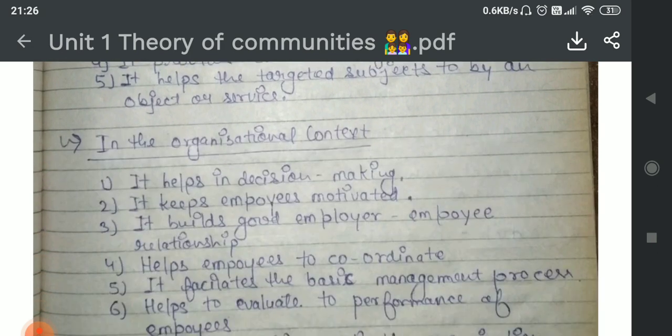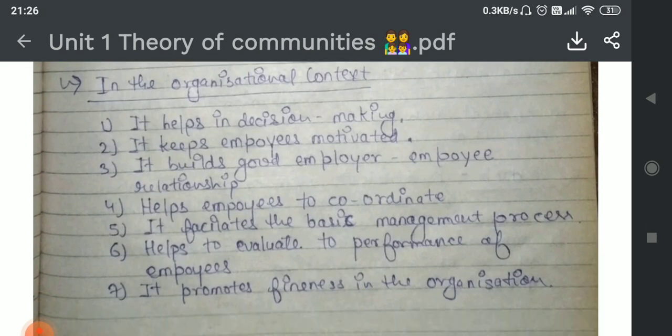Then we have the organizational level. So in the organization level, it helps for the process of decision making. Like you can make your decision quite well. If you talk to people in an organization, then it is easy to make decisions. Then it keeps an employee motivated. Suppose you are giving compliments to your employees, if you are helping them, then definitely it's going to motivate them, right?